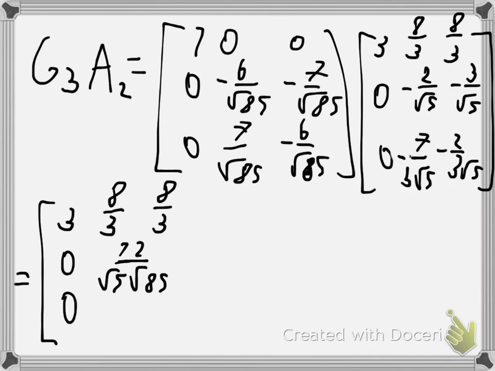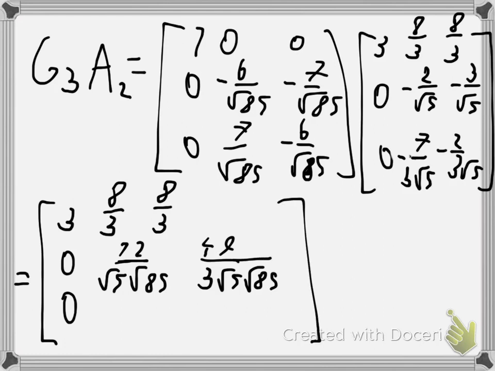Then 49 over 3 square root of 5 square root of 85. Okay, then we have to add these two terms.